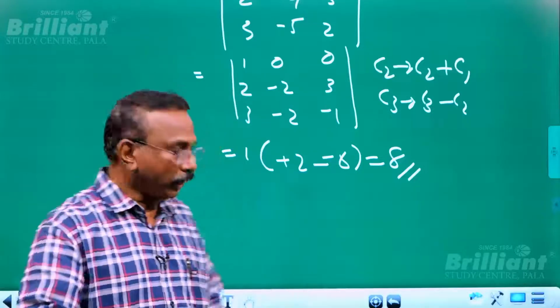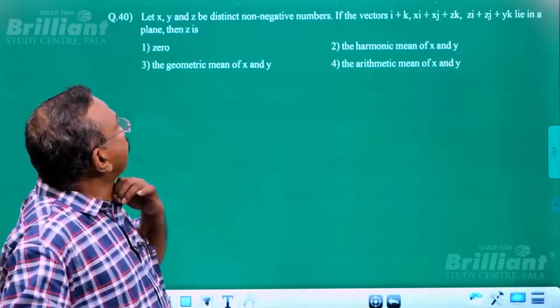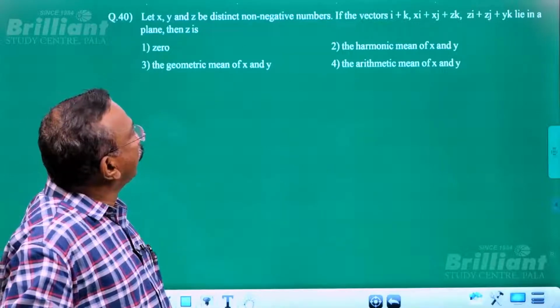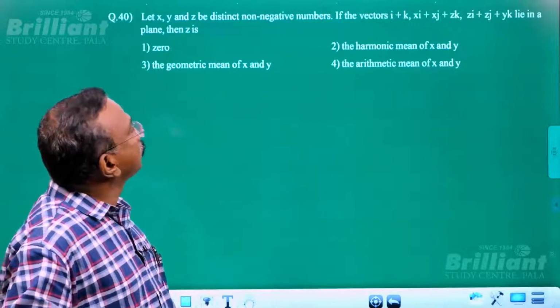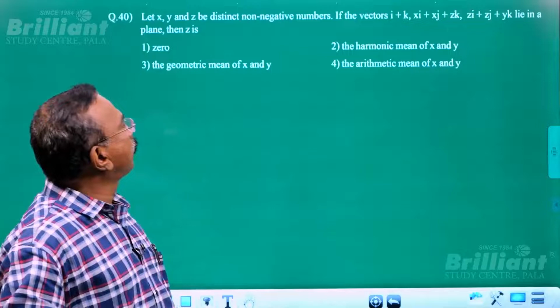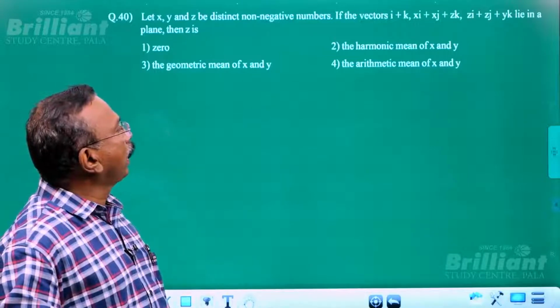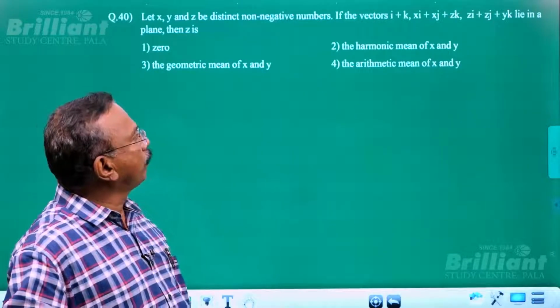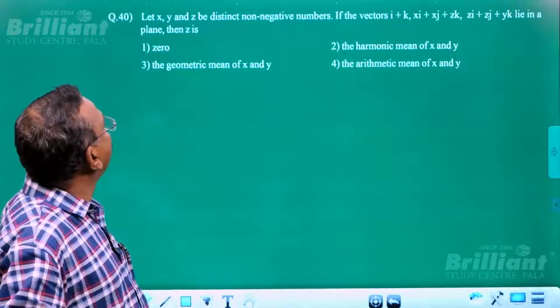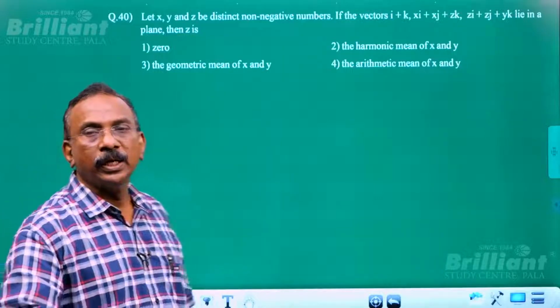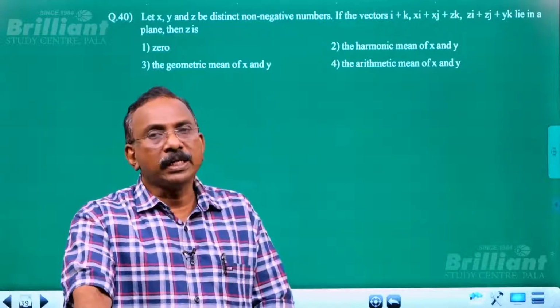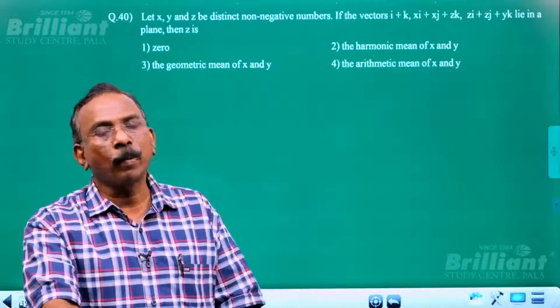Now, question number 40. Let x, y and z be distinct non-negative numbers. If the vectors i + k, xi + xj + zk and zi + zj + yk lie in a plane, then what is z? These three vectors are on a plane, which means they are coplanar.